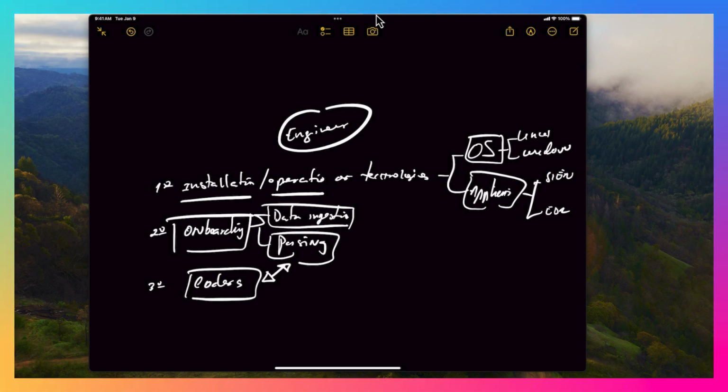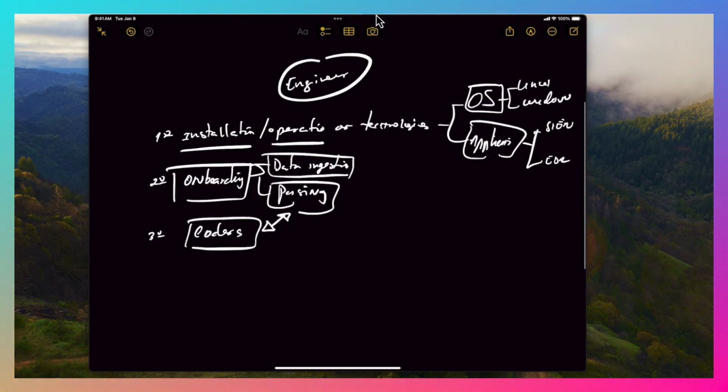So they are responsible for setting up the decoders and ensuring the data being sent is picked up by the right decoders. They will also be responsible for tuning the rules and alerts.